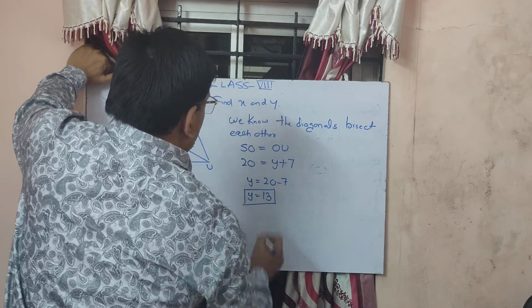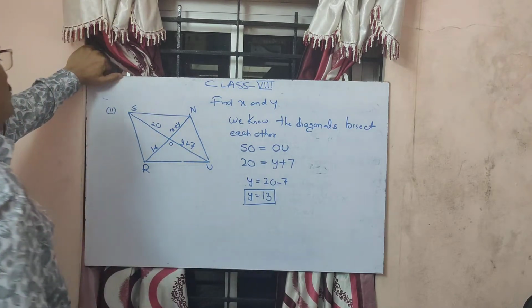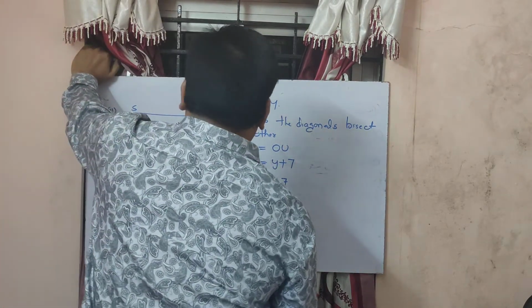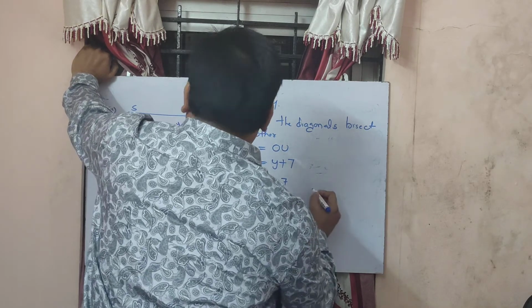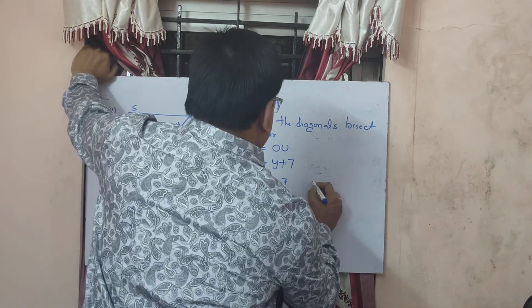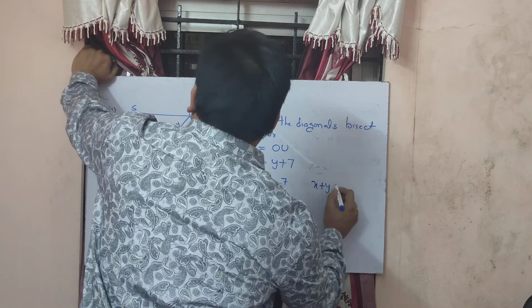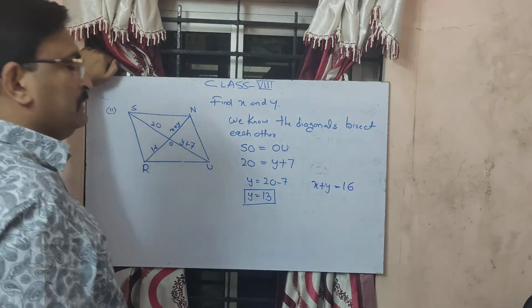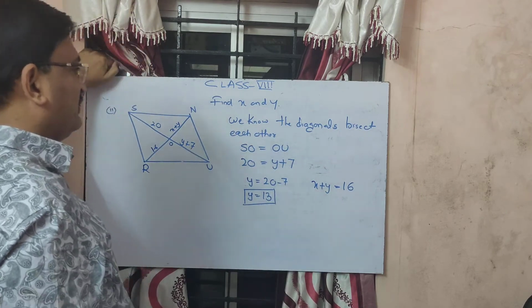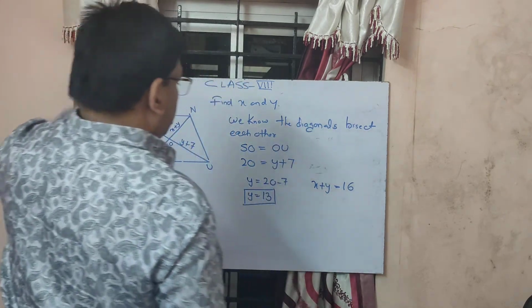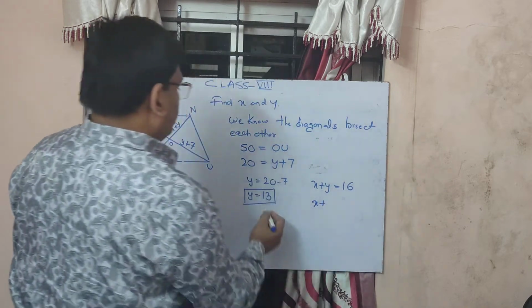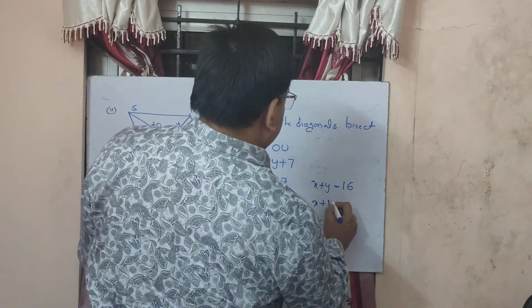Now we found y. In the same way, x plus y is equal to 16. Again, same property. We know y here, we got the value, that is 13.